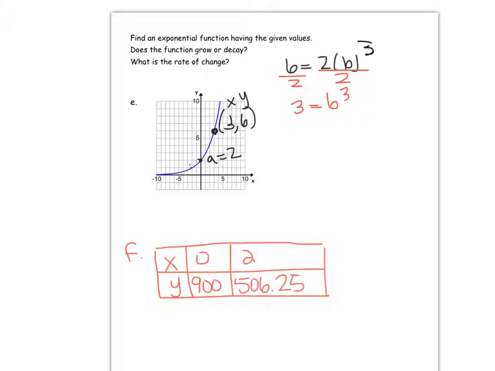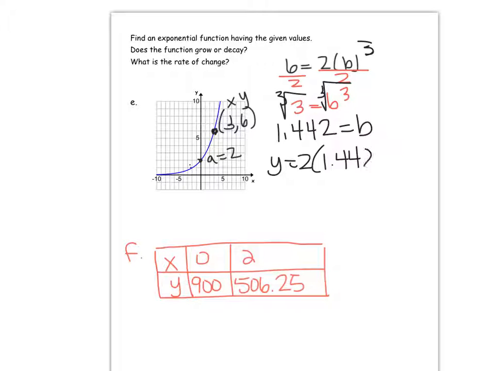And then we need to use the type of root that will get rid of our exponent. This one needs to be a cube root. So B equals the cube root of 3, which is 1.442. So our equation will be y equals 2 times 1.442 to the x. The final equation has numbers for a and b and variables for x and y.